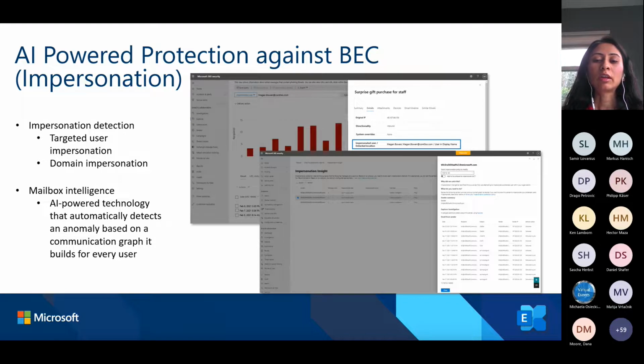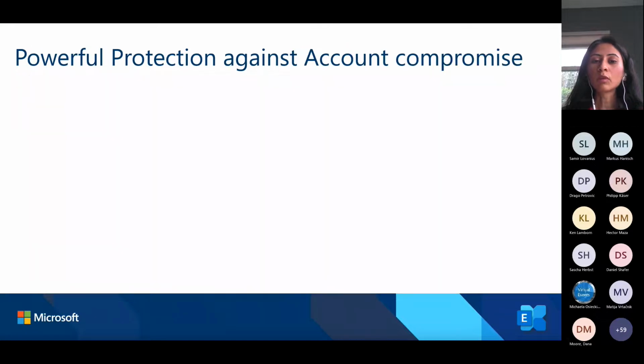So if you specify your CEO, CFO, HR, or even external board members, their impersonation will be flagged right away without any learning patterns. For that, you need the targeted user impersonation protection. Whereas you also want to protect each individual recipient from impersonation of their manager or coworkers, which can be learned using mailbox intelligence. So both work together to provide complete protection against user impersonation.